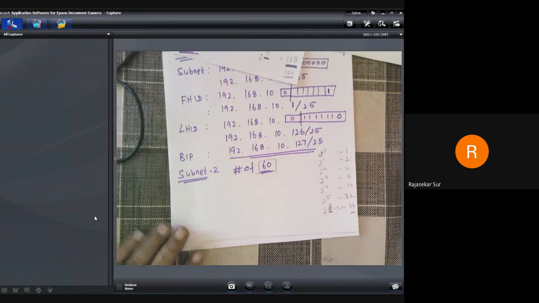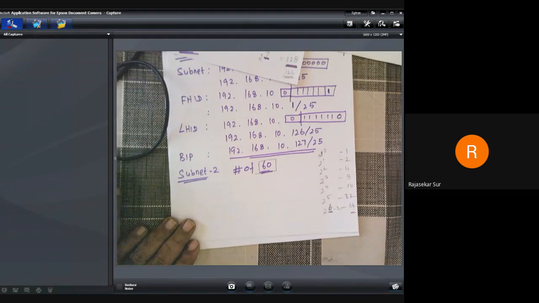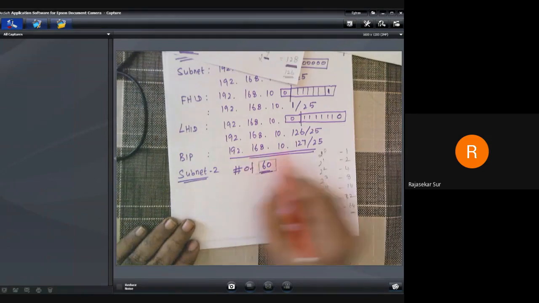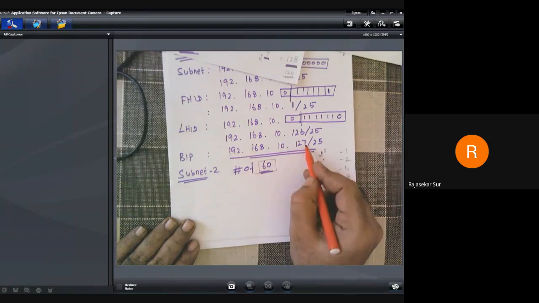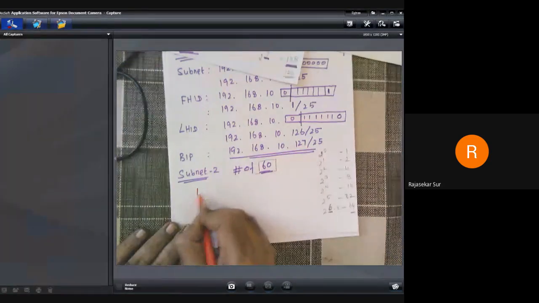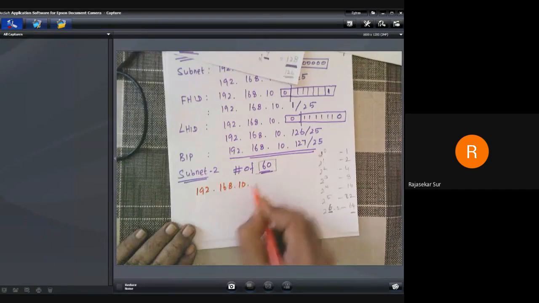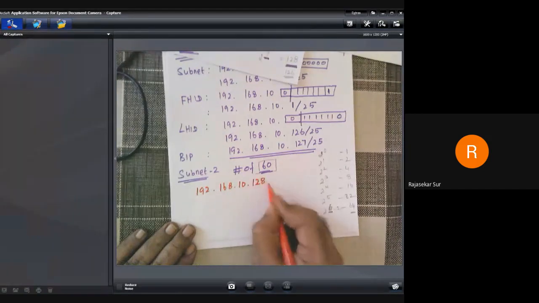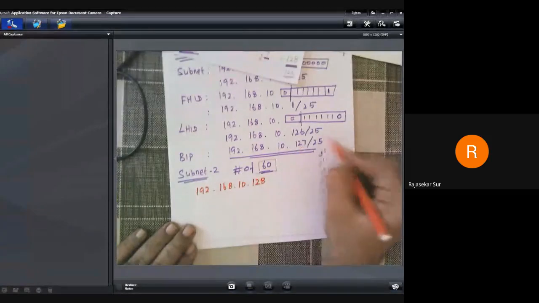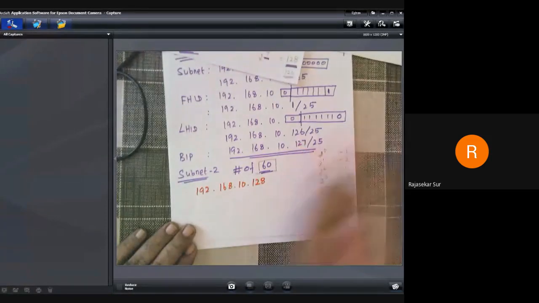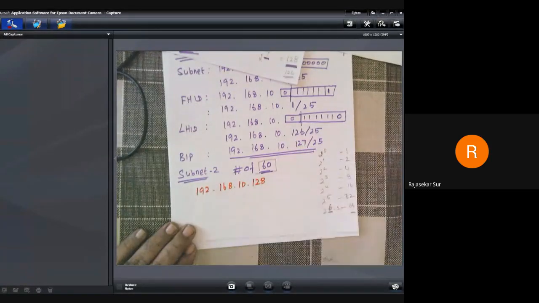Now a very important point. What does that mean? We already stopped at 127. Now I'm going to take 192.168.10.128, because up to 127 you have taken, you have to start from 128. This is the concept.